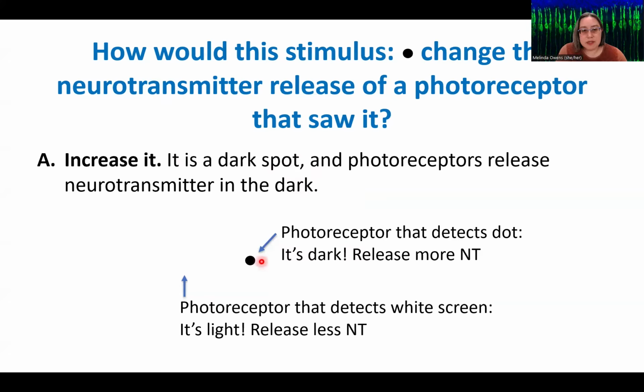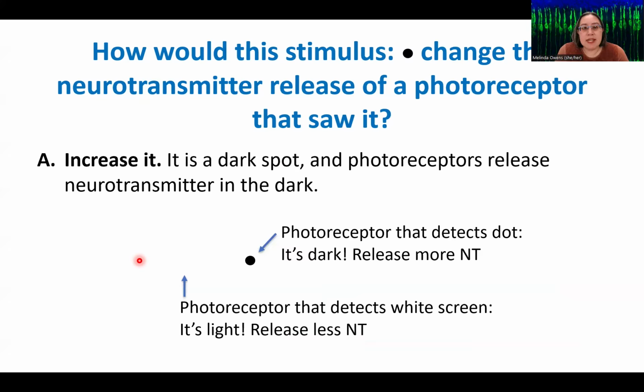So the photoreceptors that are detecting the dot think it's dark and release more neurotransmitter, and the photoreceptor that detects the white screen says it's light and releases less neurotransmitter. So in this way, some of the photoreceptors in your eye, as you're looking at this slide right now, this video right now, are seeing dark spots. They're releasing neurotransmitters, the dark text. Some of them are seeing the white background and they're releasing less neurotransmitters.